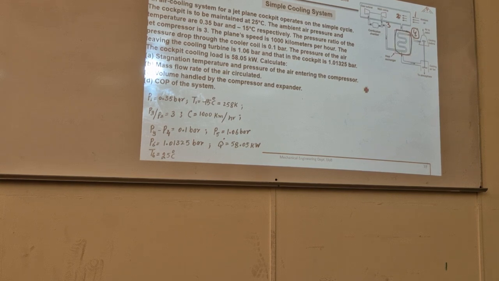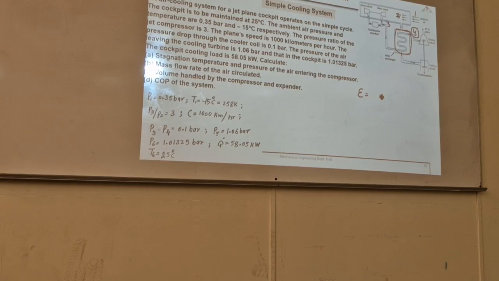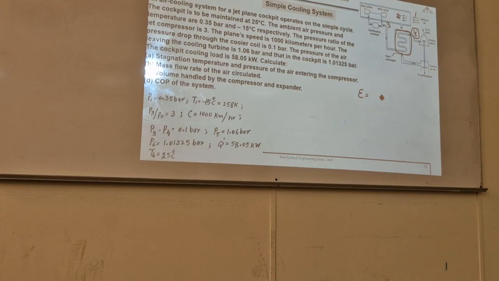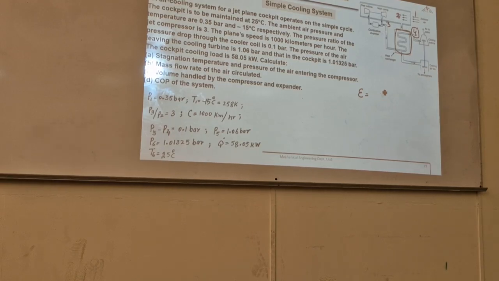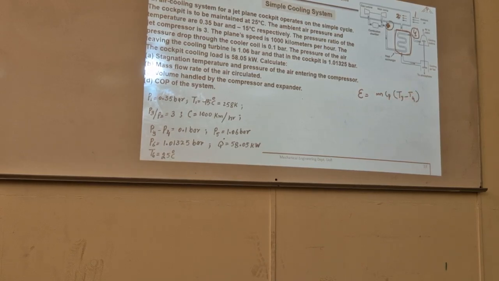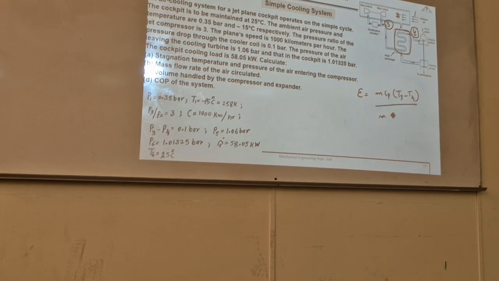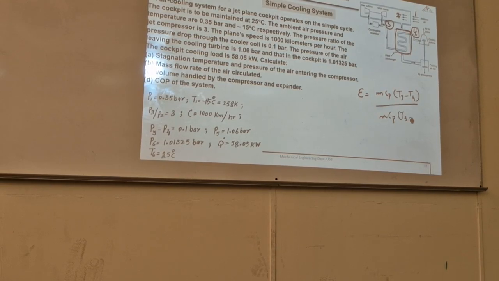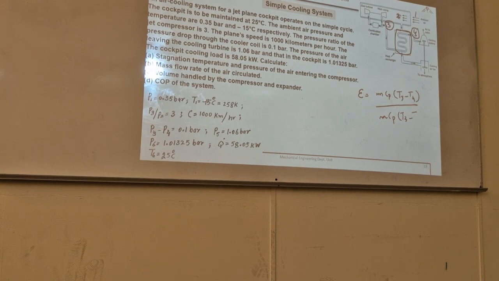Do you remember effectiveness of a heat exchanger, from heat transfer? Actual heat transfer divided by maximum. So what is actual heat transfer? m Cp (T3 minus T4) from 3 to 4, divided by what is the maximum possible?